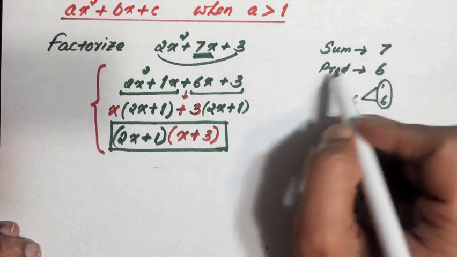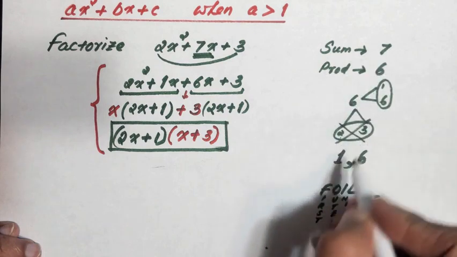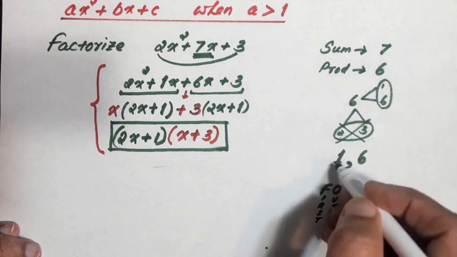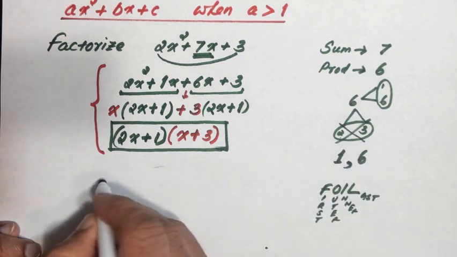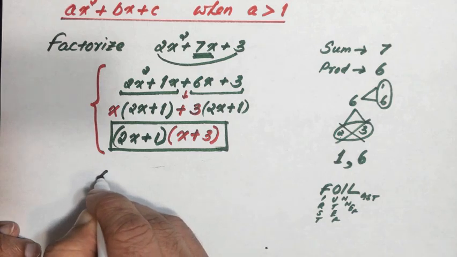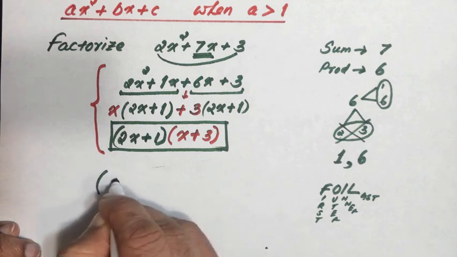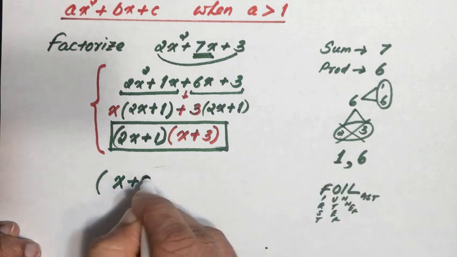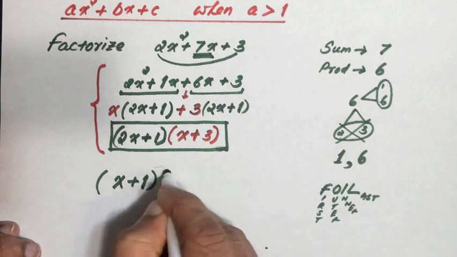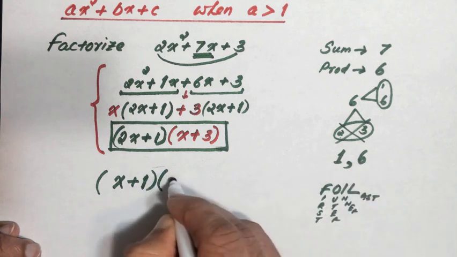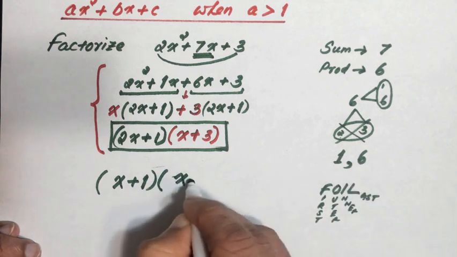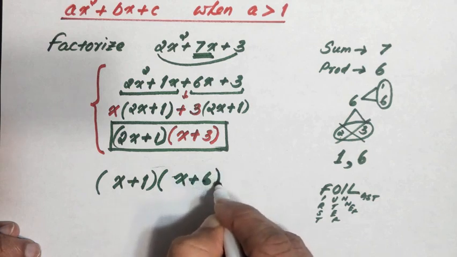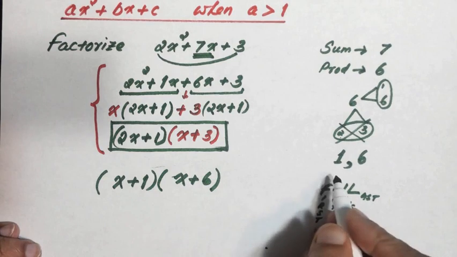We need to find the sum, find the product, and find the proper numbers that satisfy both these conditions, which are 1 and 6. Now let's go back and try this out. So we get x plus 1 times, the same thing, x plus 6. Wait a minute, that is not the answer.